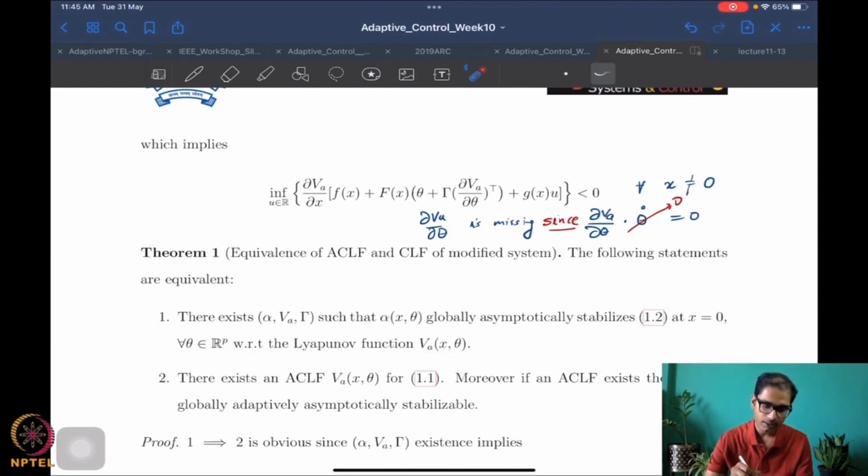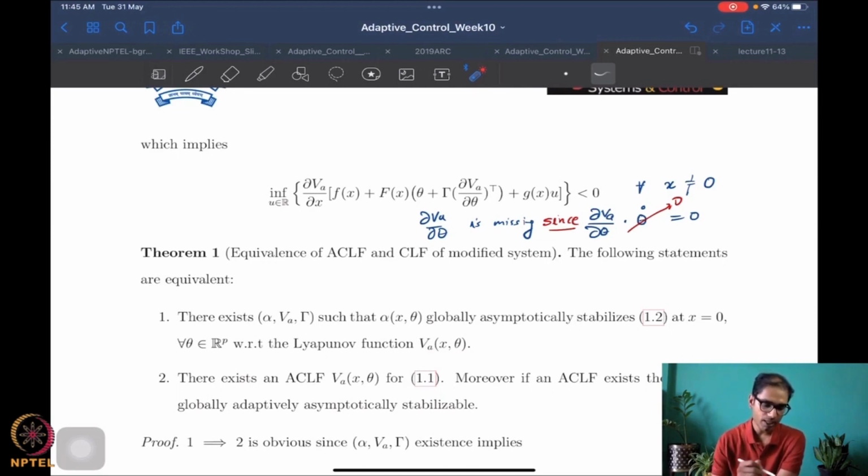We are calling this a Lyapunov function because now the feedback alpha is already specified, so there is no longer a control. The control is already specified to be alpha. Therefore, we can treat this as a Lyapunov function directly, not a control Lyapunov function.